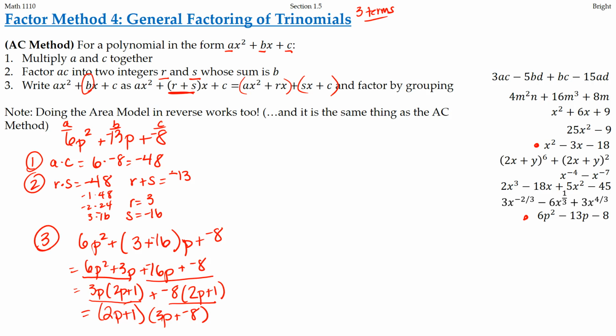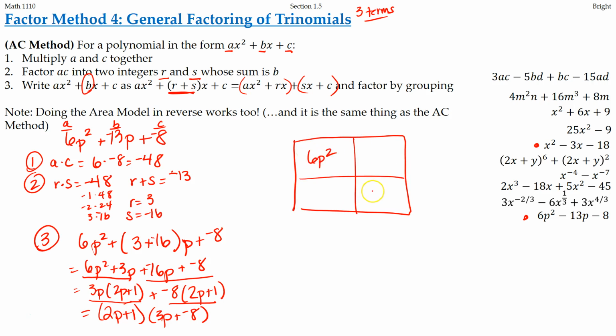So the AC method works. Maybe you could have guessed it and set up your binomials and gone that way too. You could also set up the area model. You would know we have 6p squared, and this has to be negative 8. Then you figure out what goes in each of these blanks, which takes a little trying.